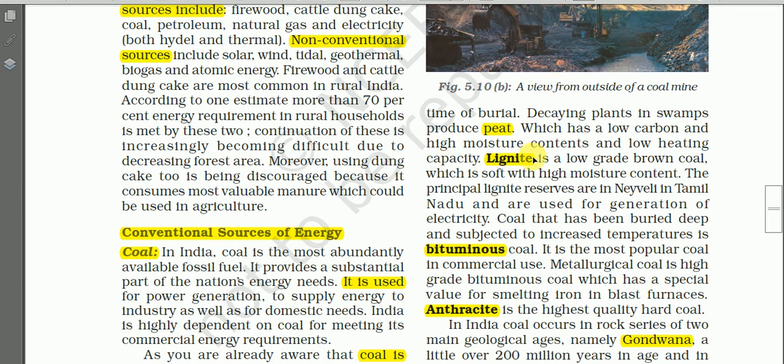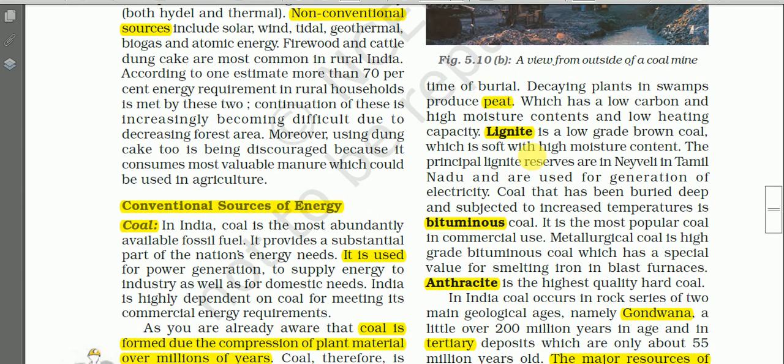And here in this paragraph you'll find four important types of coal. The first one is peat. Decaying plants in swamps produce peat. So peat has low carbon, high moisture content and a low heating capacity. The carbon content of peat is less than 40%.